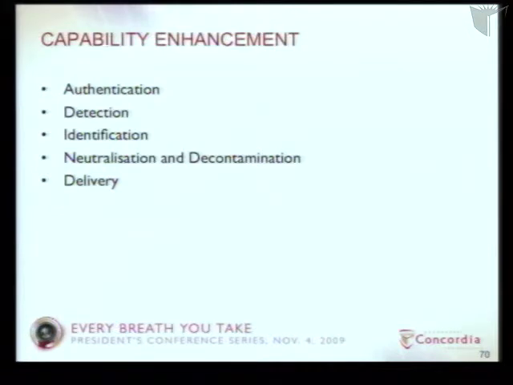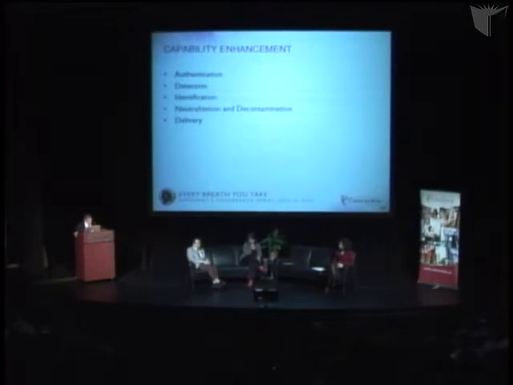Then there is the detection of chemical and biological agents, the identification of what chemical or biological agents are out there, the neutralization and decontamination of the environment, civilian infrastructure, and vital utilities such as water supply, and the delivery methods of antidote using nanoparticles as delivery agents, which improves stability, allows targeted delivery, and increases drug carrying capacity and release range of the drugs.